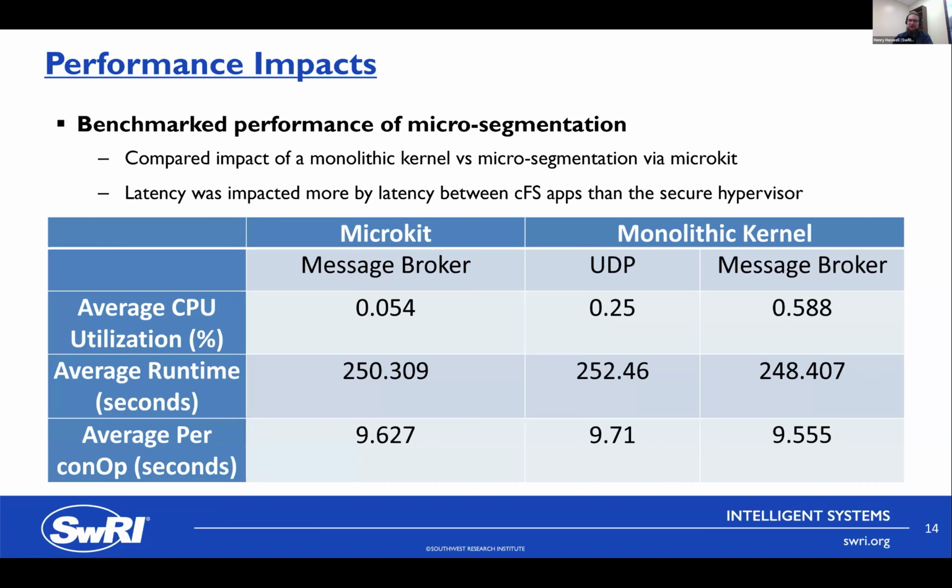We compared the impact between these two when running our baseline data flow and measured the latency and CPU utilization and runtime. And we noticed that actually the difference between having the monolithic kernel and Microkit didn't have as much of an impact as the latency between cFS apps themselves did.